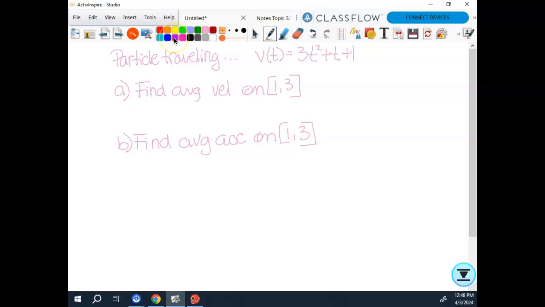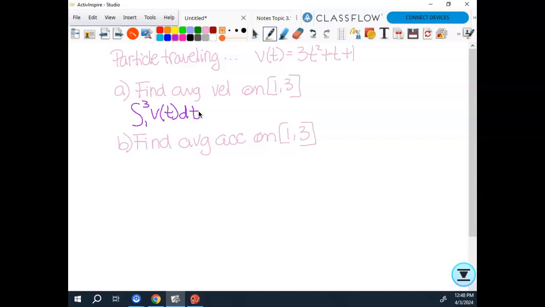Velocity, I want the average velocity. Average rate of change, but velocity is the rate of change of what? Position. Velocity is the rate of change of position. So I cannot just do straight up the slope formula, right? But if I integrate the velocity function from 1 to 3, dt, when I integrate velocity, it gives me the accumulation of the position, right?